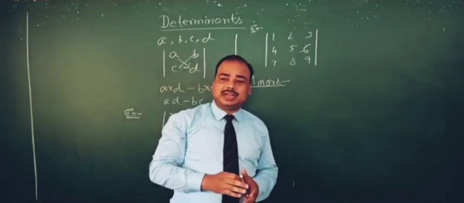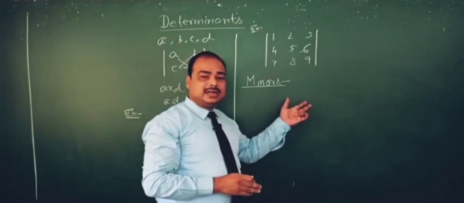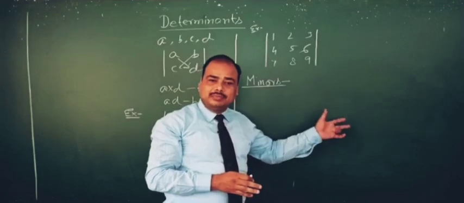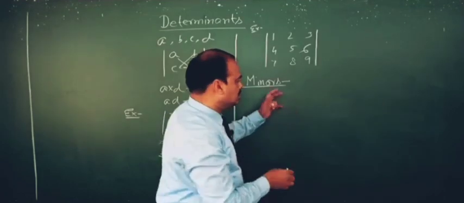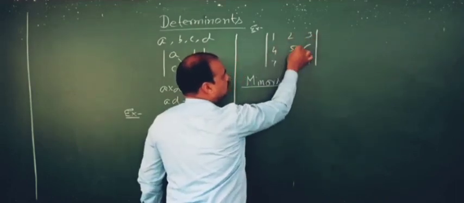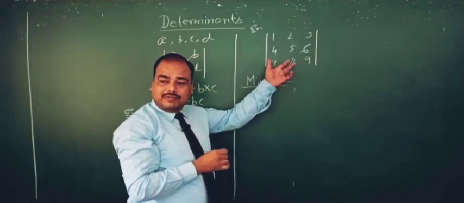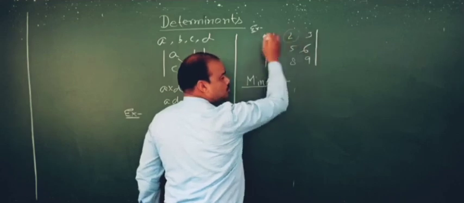Minor is the subdeterminant obtained by deleting the row and column in which the element lies. For example, 1, 2, 3, 4, 5, 6, 7, 8, 9. This is the determinant of order 3. Minor of 2.